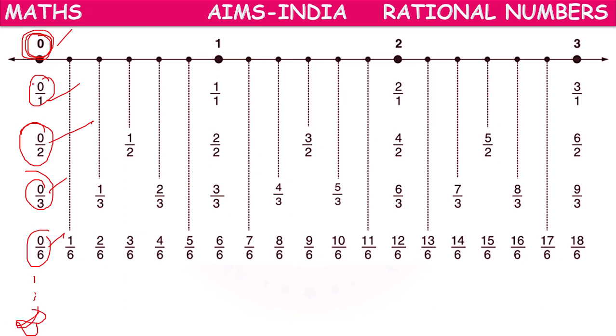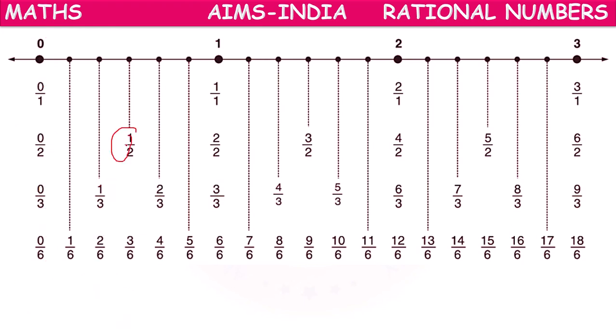We can write infinitely many equivalent rational numbers for one rational number. Suppose between 0 and 1 we have 1 by 3. Multiplying by 2, we can write 2 by 6. Multiplying by 3, we can write 3 by 9. Multiplying by 4, we can write 4 by 12. All these are equivalent to 1 by 3.